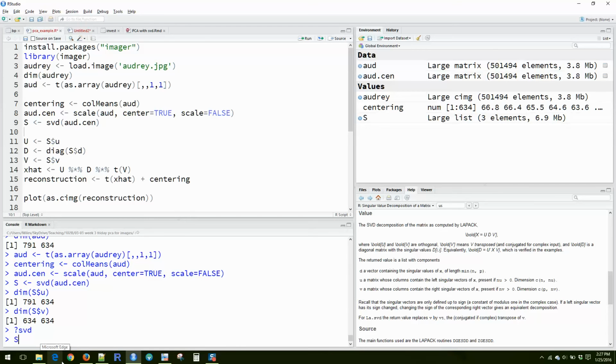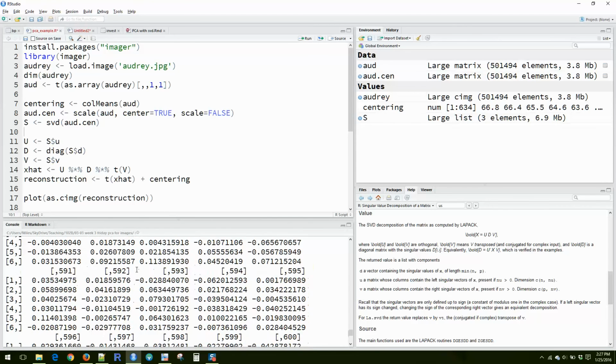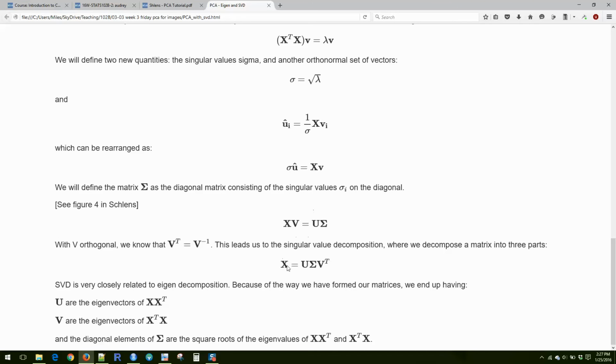If I ask for S $U, I'm just going to do the head of it, okay? It's just this crazy matrix, right? Because essentially we have broken down the matrix of the image into three separate matrices, where one of them is a diagonal matrix, okay?